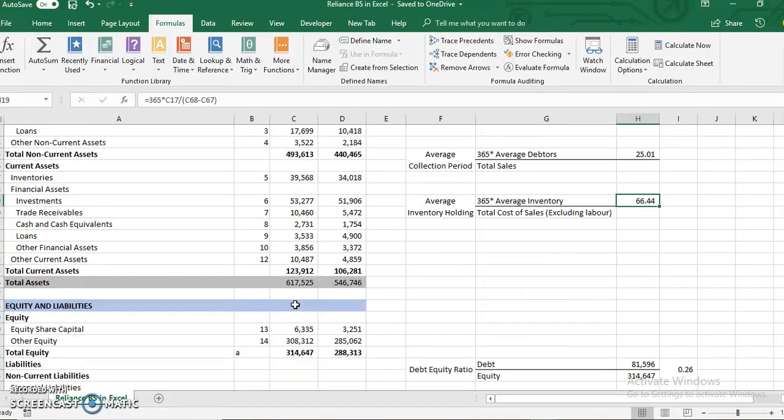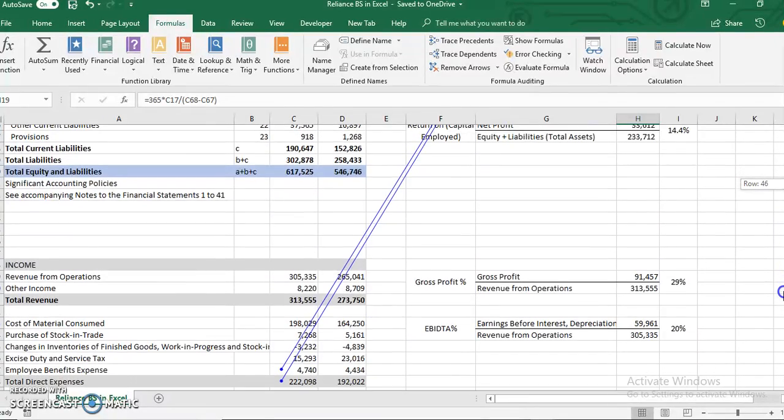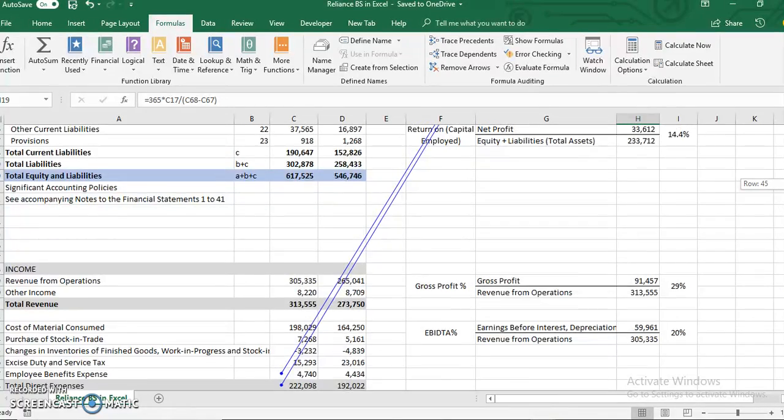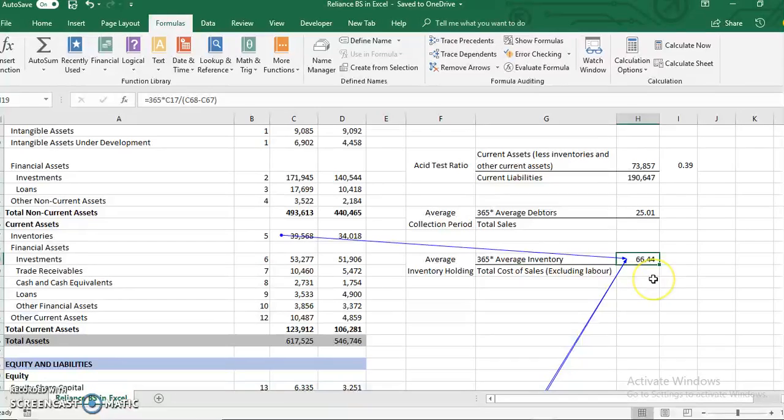Now the average inventory holding period is also calculated in a similar way. Average daily cost of sales divided by average inventory. Here it is 66 days, which is actually pretty high, because it means you are holding your inventory up to 66 days before it gets sold.